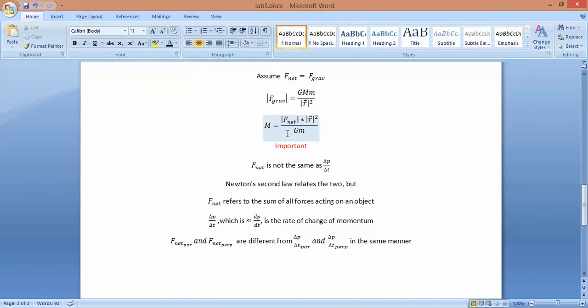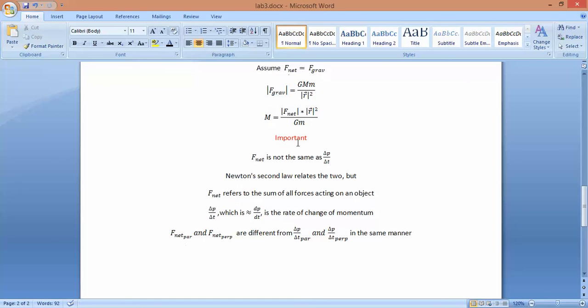It's important to note that the net force is not the same as the change in momentum over the change in time. Newton's second law relates the two, but the net force just refers to the sum of all the forces acting on an object, while the change in momentum over the change in time, which is approximately dp over dt, is the rate of change of momentum.